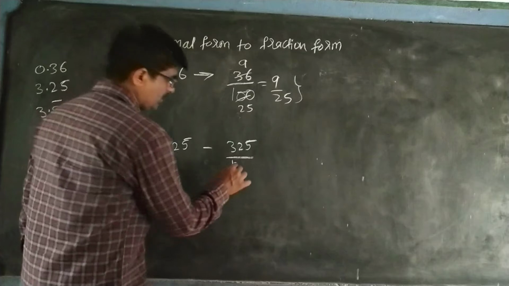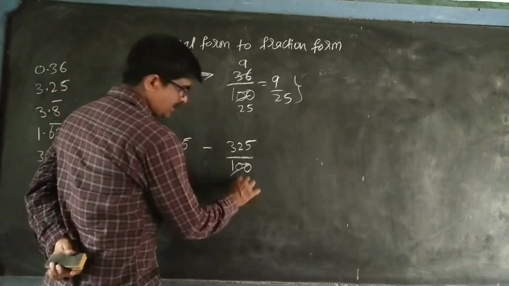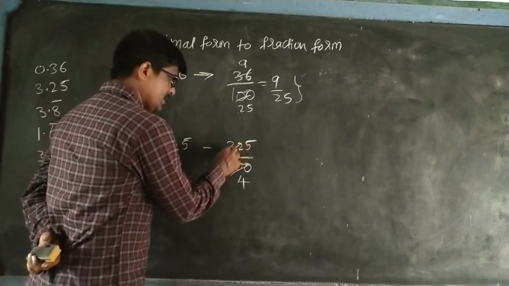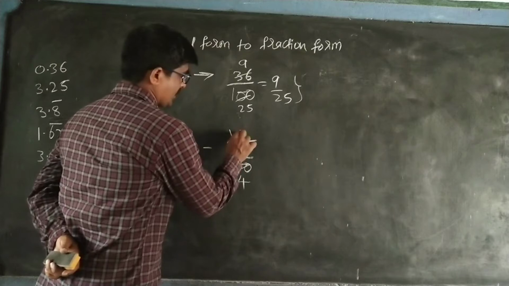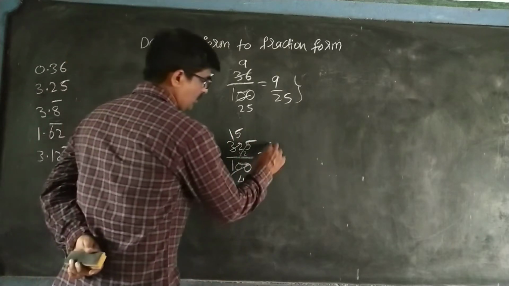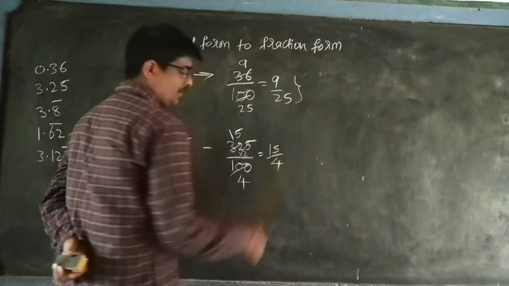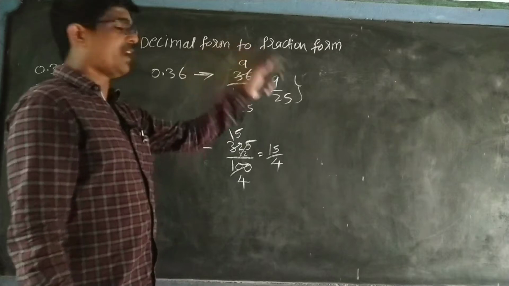Easy method. Next, 25 4s are 100, 25 13s are 325, and that is equal to 13 by 4. This is decimal form to fraction form.